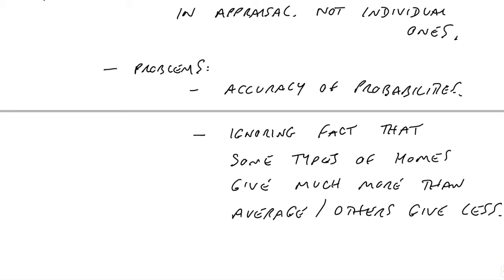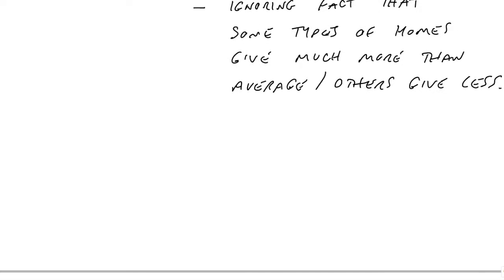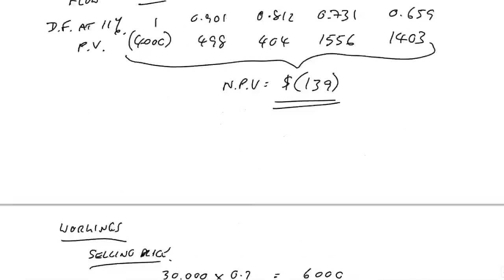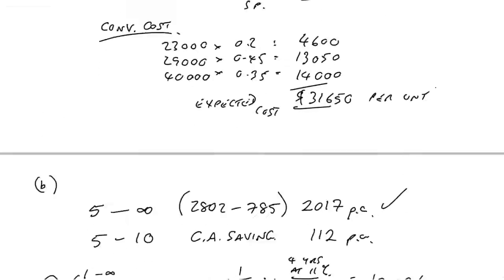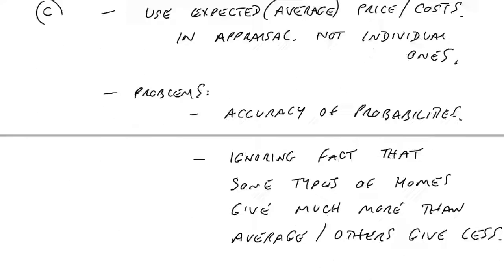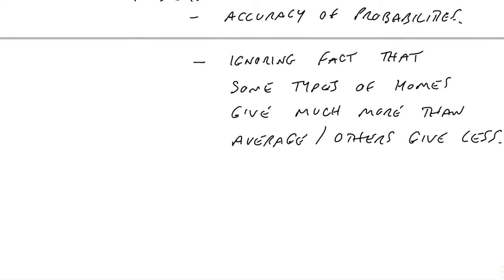And that's the main bit, apart from accuracy of probabilities. The main bit with reference to risk. You see, if they all gave, I got an average selling price of, what was it, again, 50,100. If all of them were giving very close to 50,100, if some had a selling price of slightly more, 1,000 more, and others had a selling price of slightly less, 1,000 less, then I'm not at too much risk.